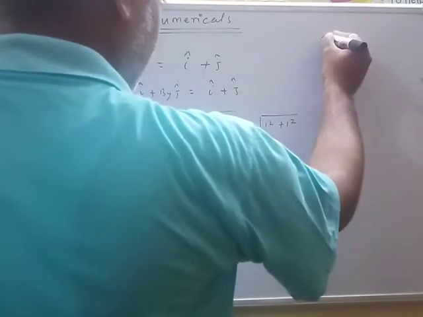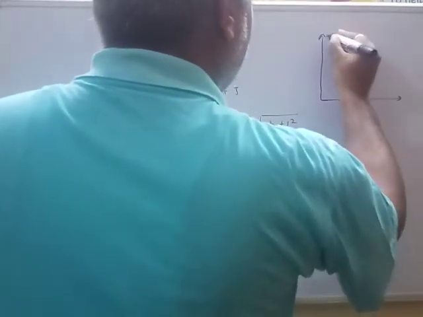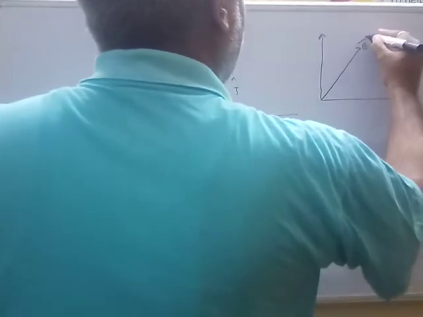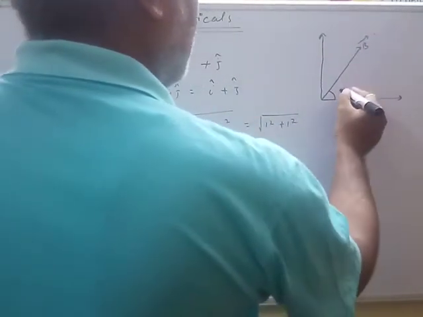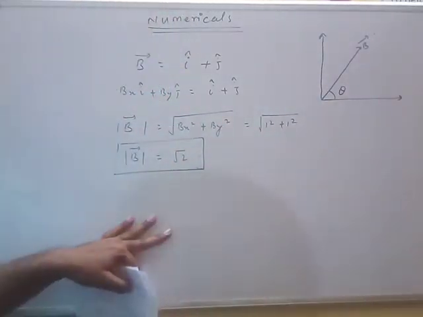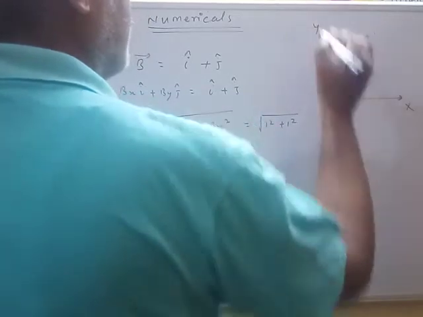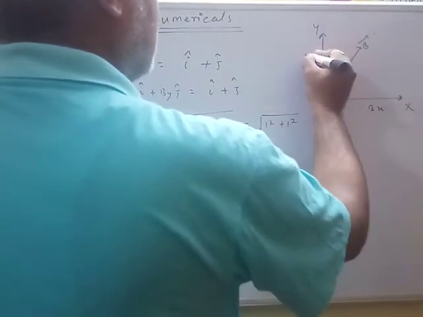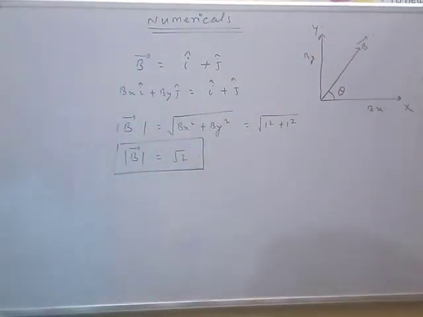Direction: let this be the vector B, and let it make angle theta with the x-axis. Now this is the direction of bx and this is the direction of by.